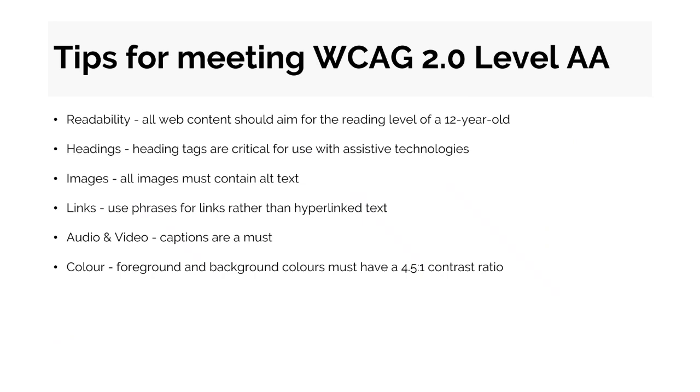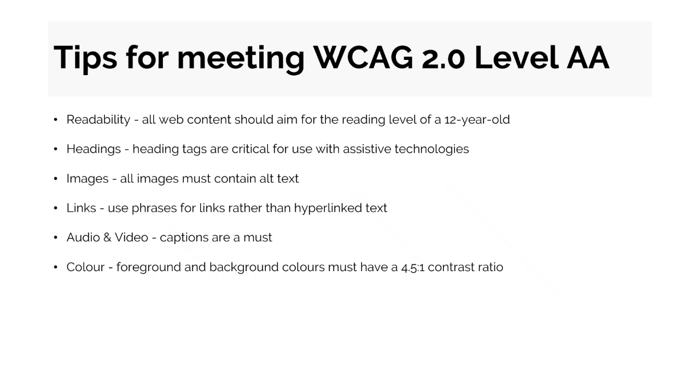Colors. This is also a very important tip that we need to make sure is there to meet level AA. Color contrast, foreground and background colors must have a 4.5 to 1 contrast ratio. Because many Canadians that live with color blindness or low vision cannot recognize the colors properly.